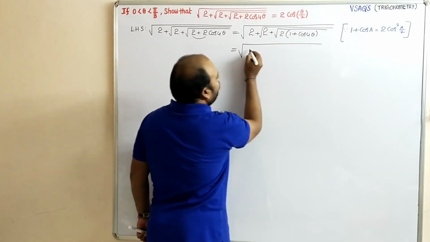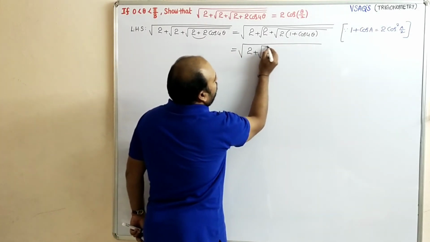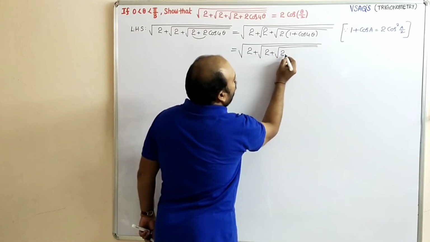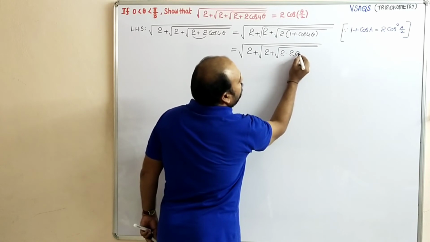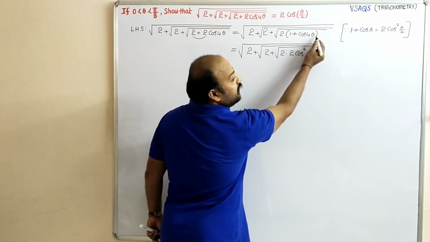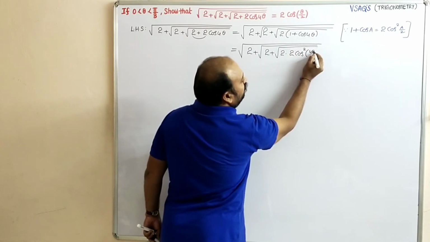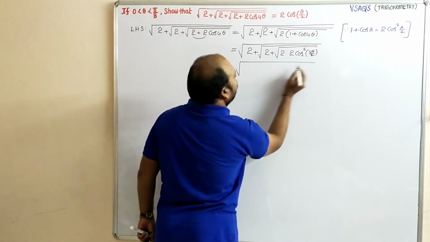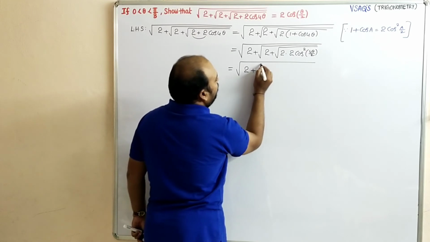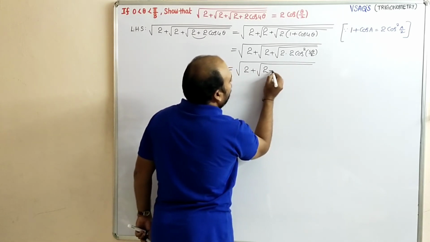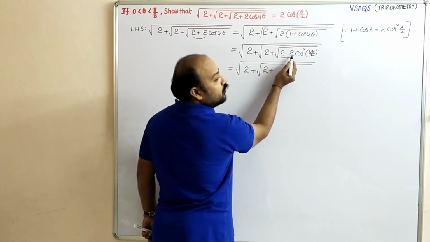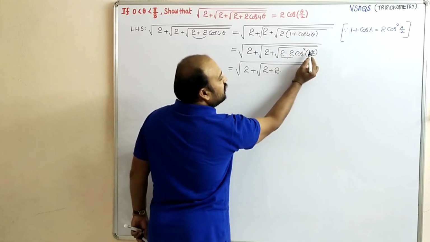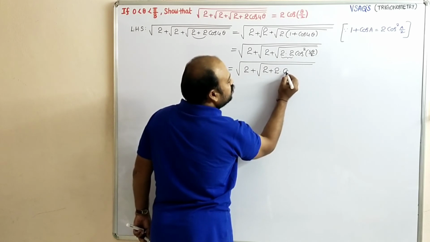Square root of 2 plus square root of 2 plus square root of 2 into 2 cos square 4 theta by 2. So which is equal to square root of 2 plus square root of 2 plus 2 into 2 is 4. We can take outside of the root. It will become 2 into, square root cancel, 4 theta by 2 is cos 2 theta.